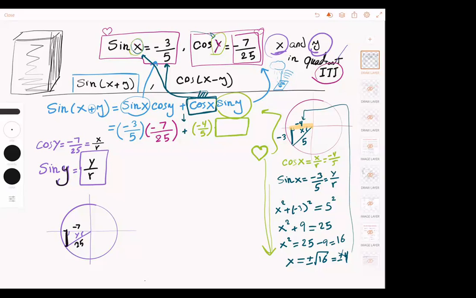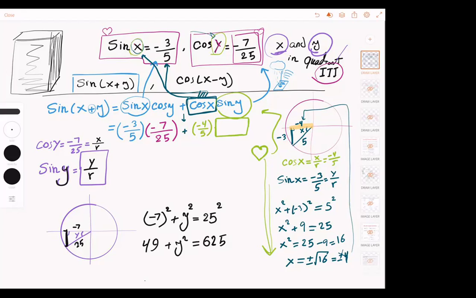We definitely need to use Elizabeth's calculator here. So we have -7 squared plus Y squared equal to 25 squared. 49 plus Y squared equal to 25 squared is 625.